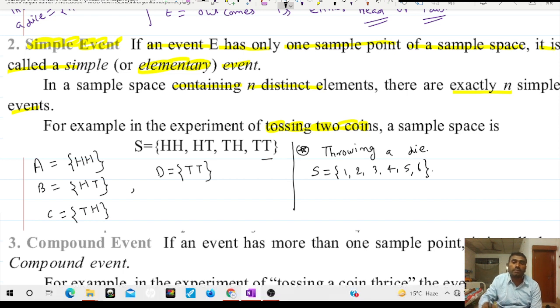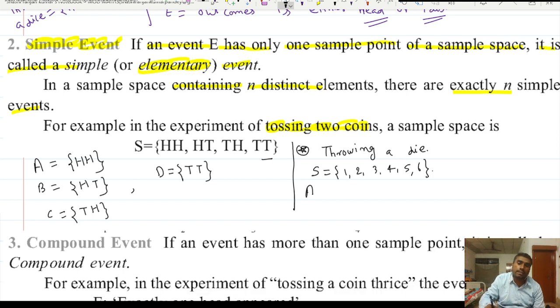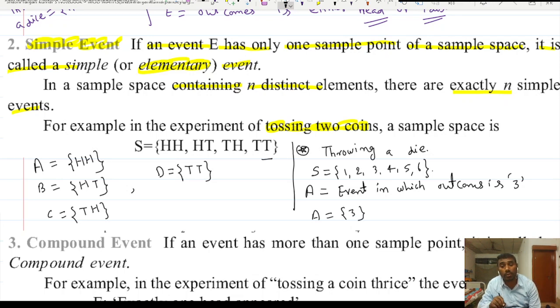Let us suppose A is an event in which the outcome is 3. So there is only one case here in which the outcome is 3. So this is a simple event.